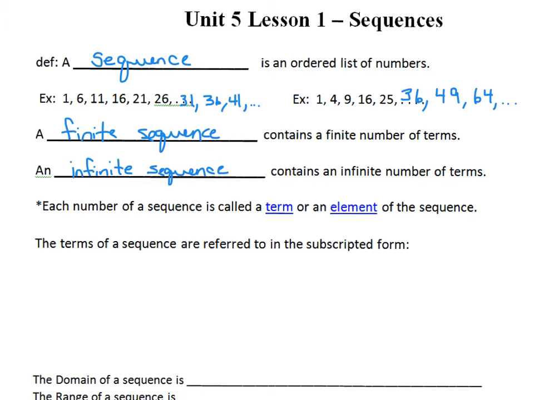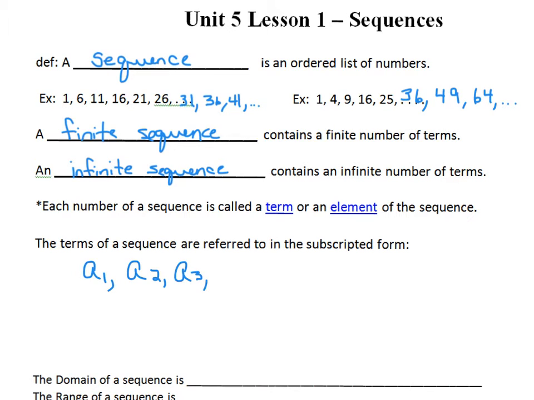Now, when we're looking at each number of a sequence, it's called a term or an element of the sequence. We denote the terms of a sequence in subscripted form. So if I want the first term, I can call it A sub 1. Notice how that 1 is down a little bit lower and a smaller number. So the terms of a sequence could be written as A1, A2, A3.